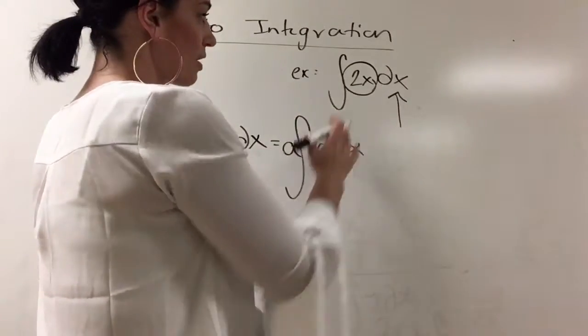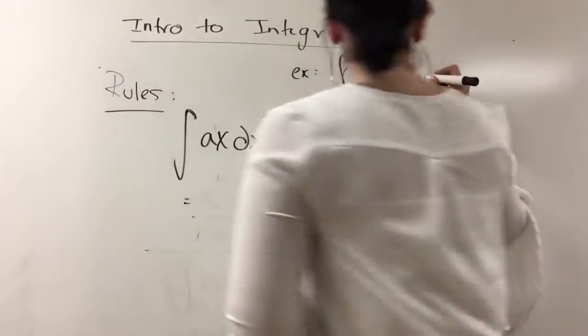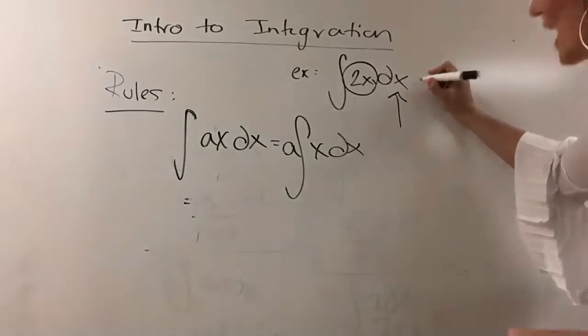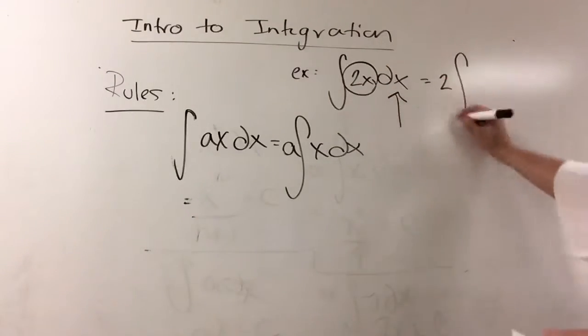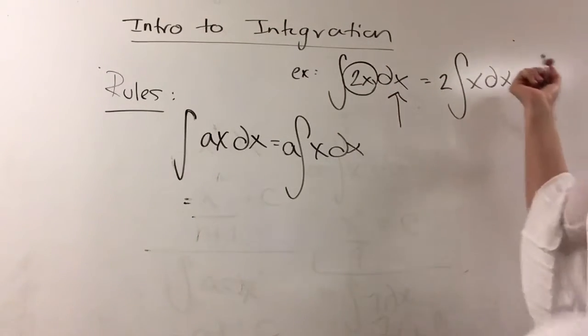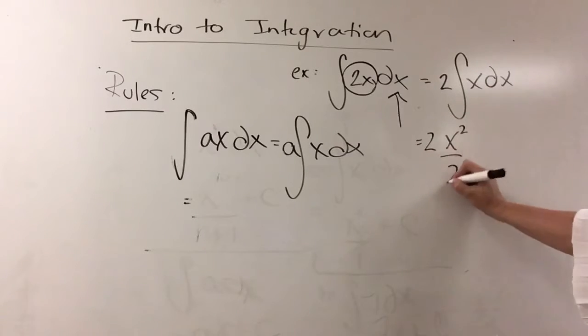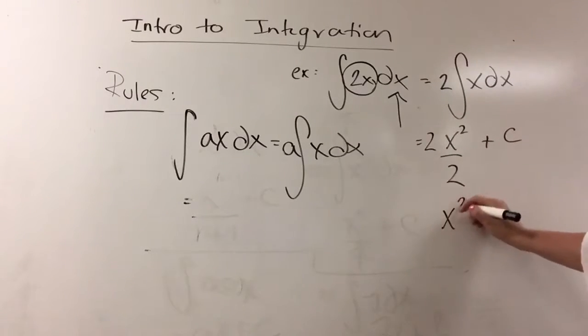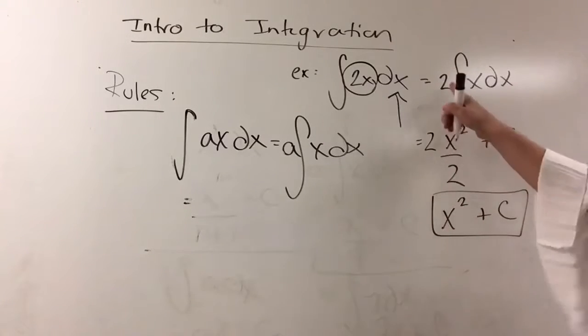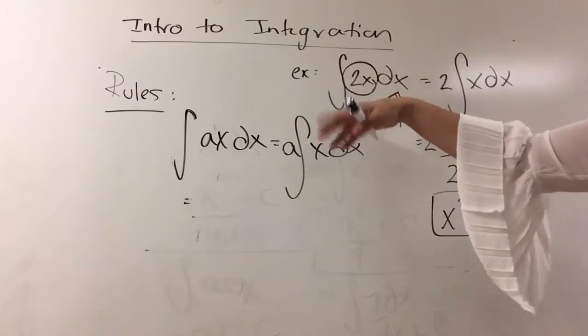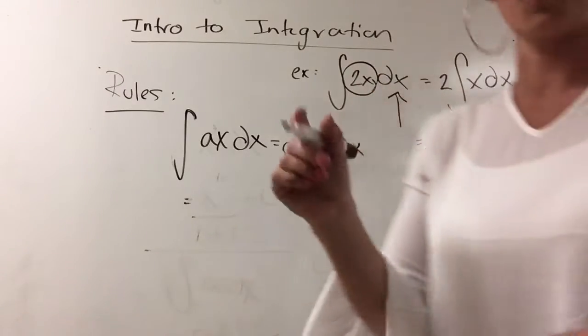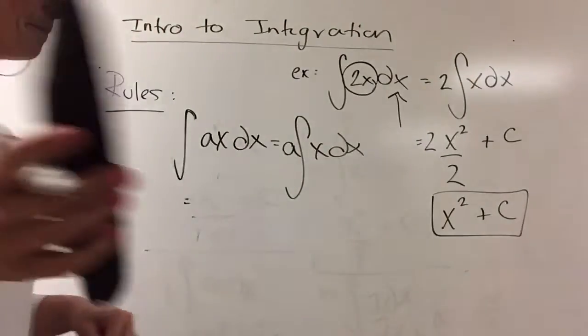So you can just bring it inside or out. I'm going to use this example right here. I feel like I'm doing a terrible job. I could bring this 2 outside, and then I just have x dx, and then I use my rule, which is to add 1 to the exponent and divide by the new exponent. Okay, so that is an example of just moving the coefficient in front of the integral sign. You can move it back and forth. That is allowed when we're doing integration.